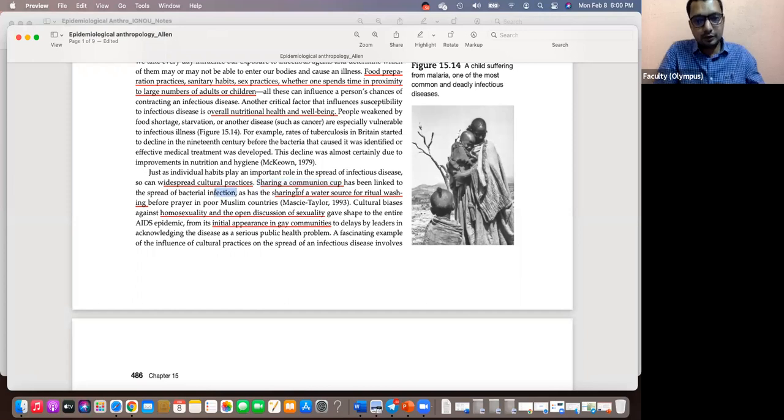Sharing of water sources for ritual washing, which can be seen in different religions like Hindus and Muslims, is also common. In prayers in poor Muslim countries, they tend to share the same water. If the water is contaminated with a waterborne agent, then the disease will spread to others.